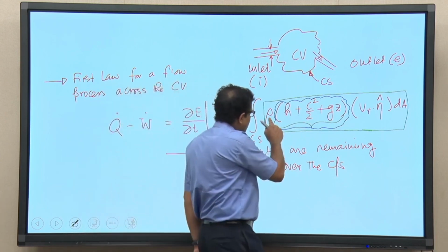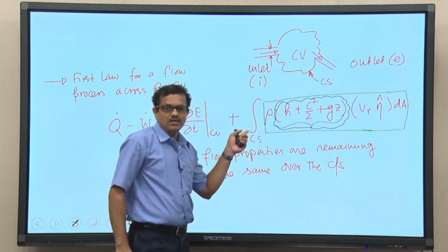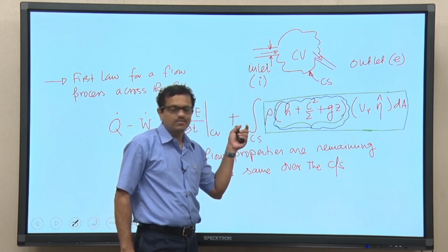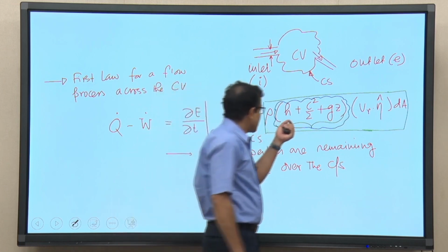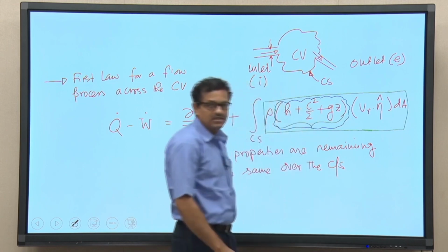So, this term rho Vr dot n dA, if we integrate over the control surface, is the mass flux: mass flux in minus mass flux out, multiplied by h plus c square by 2 plus gz.